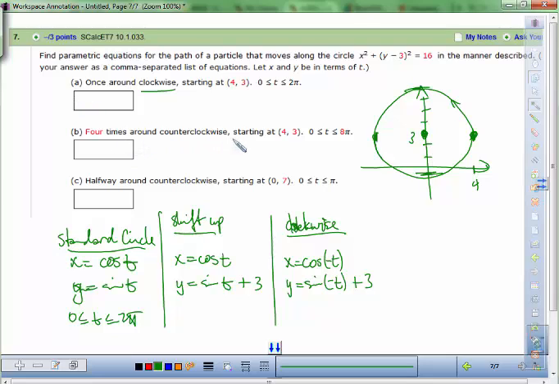So that's probably what I would put here. Now it says 4 times around, starting at 4, 3. You have to change the radius, right? Oh, sorry, shift up. Radius 4. So just multiply the sine and cosine by 4.